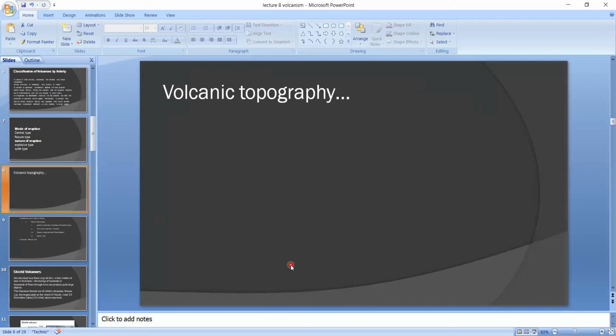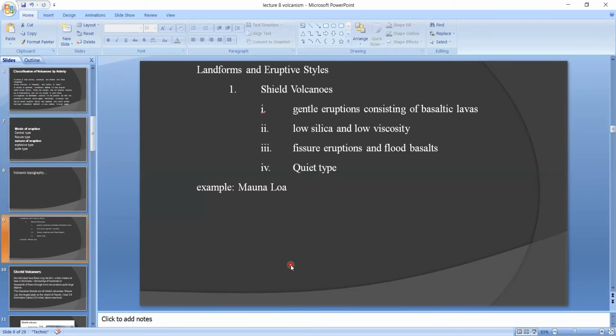So now let's discuss the landscape or topography of volcanoes. So we have certain types of volcanoes. One is shield volcano. Why is it called shield? Because when you look at it from a distance, it will look like a shield.